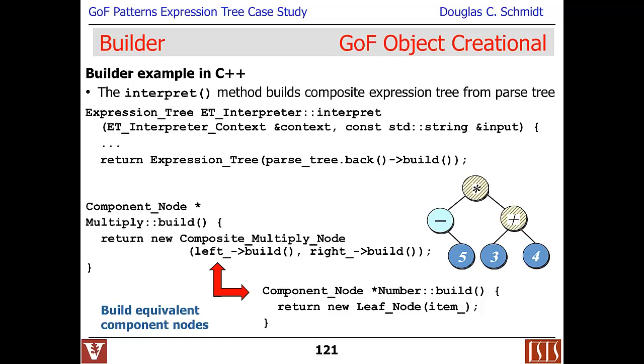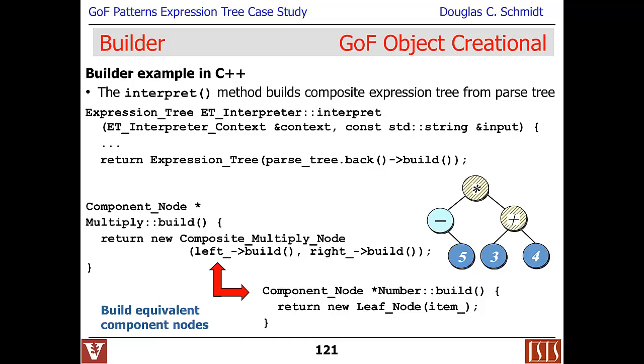Notice the beauty of inheritance and dynamic binding as used in this particular case, where we're creating a concrete node like multiply node or add node or leaf node, but we're returning these things as component nodes.